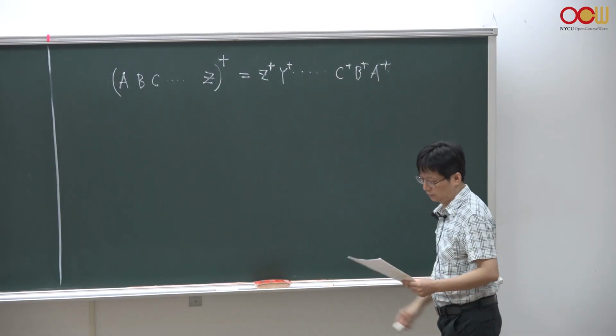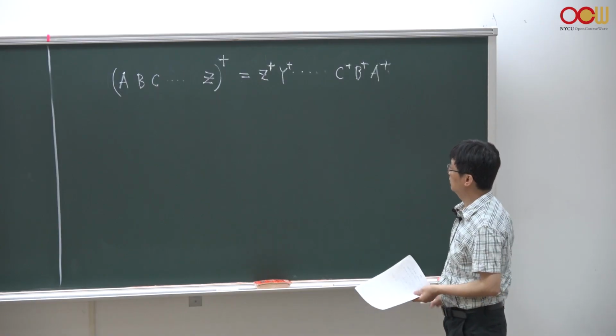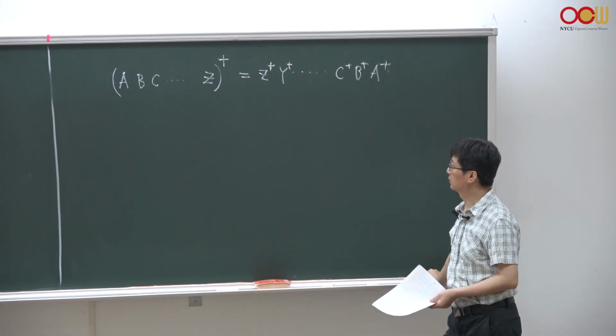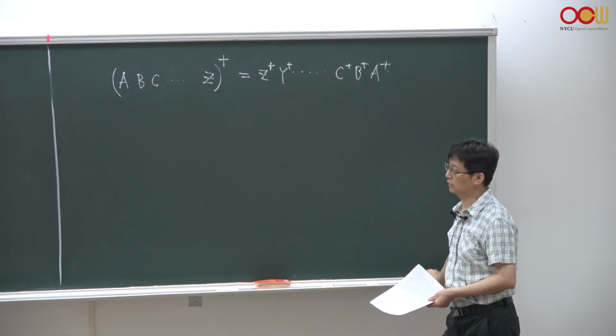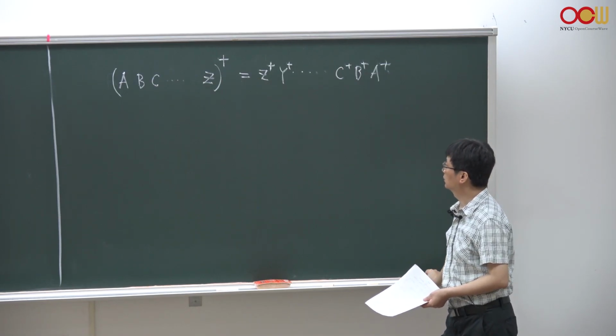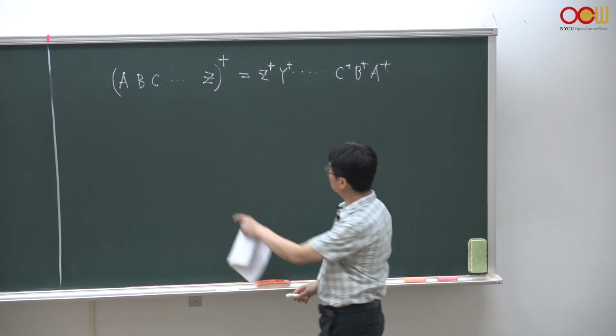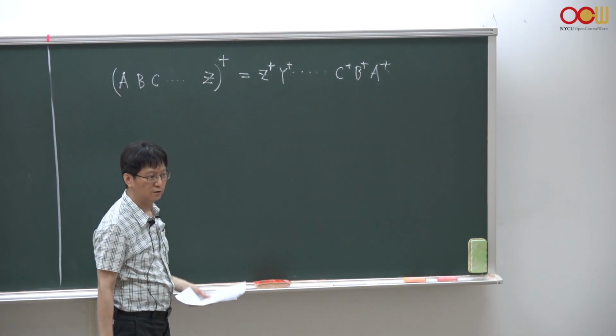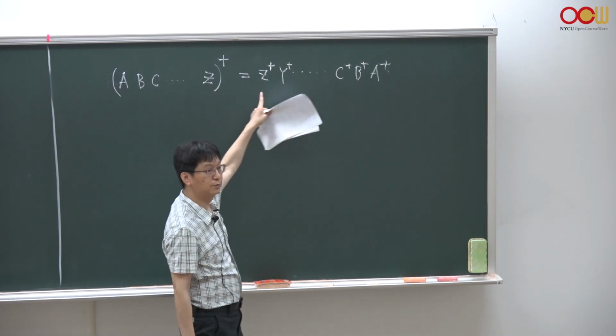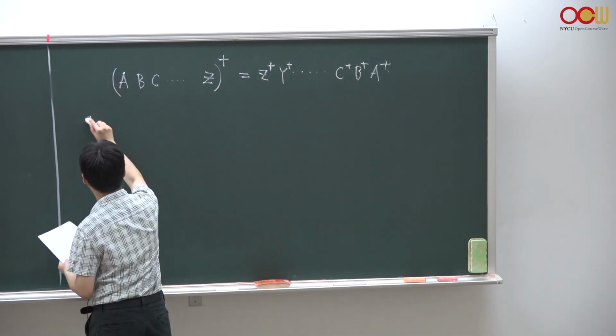Suppose we have a product made of A, B, C up to Z, that many operators, and I put the dagger on this bracket of the product operator. Then the correct way of separating this bracket is to actually reverse the order of this product and then put the dagger on all operators.